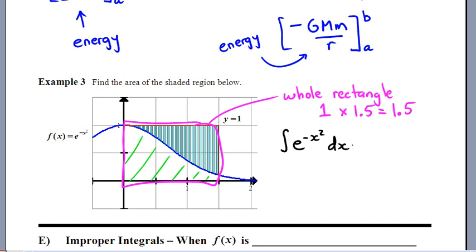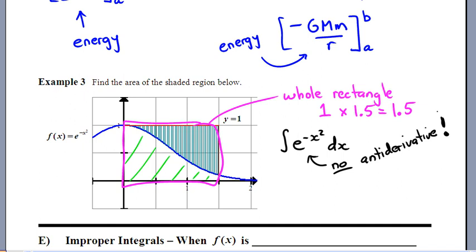For calculus, no matter what the function is, you can take a derivative, but you can't always find an antiderivative. And it turns out this function does not have an antiderivative that you can find algebraically. There just is no antiderivative out there. It doesn't exist. But the question is still a fair question. How much green area is there?